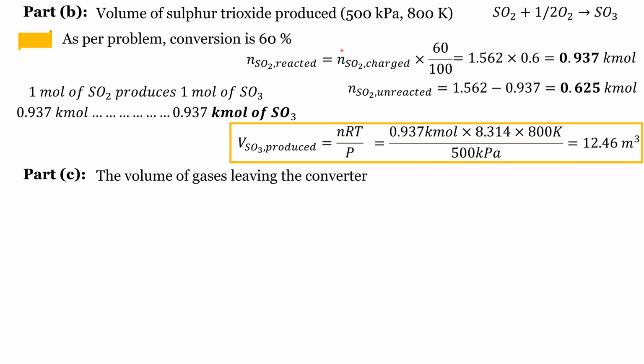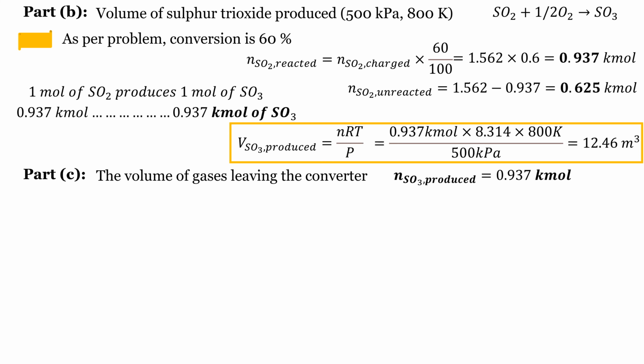Corresponding to these we can find out the major components that will come out along with the products, because the unreacted part of SO2 will also come and we will also look if there is any remaining part of O2 corresponding to this SO2.